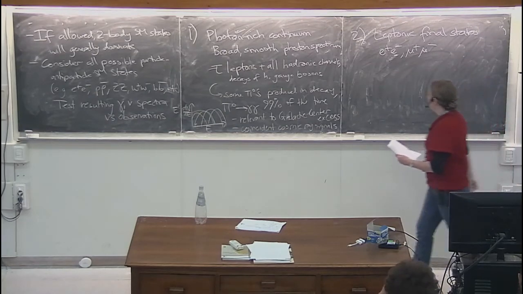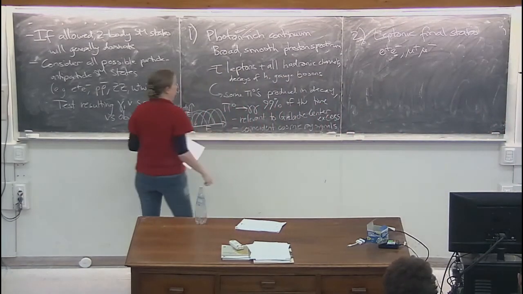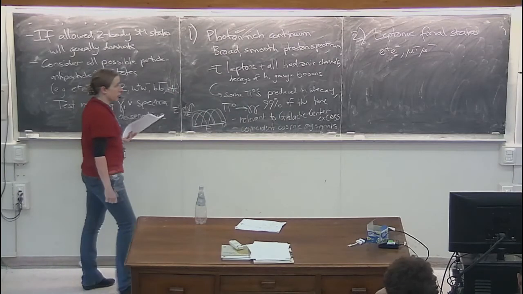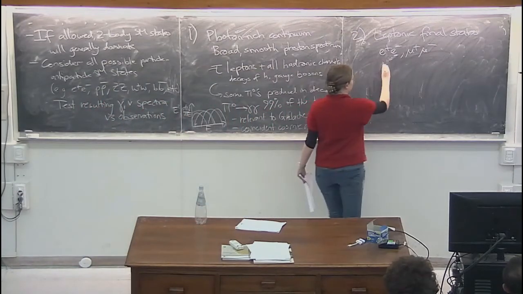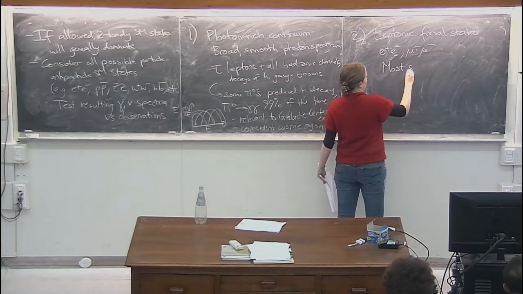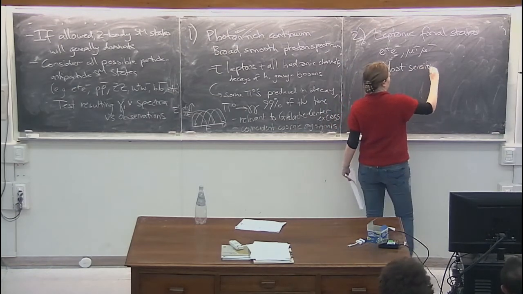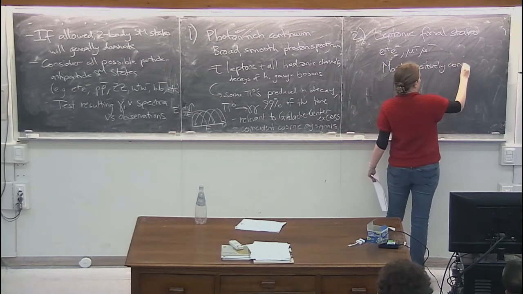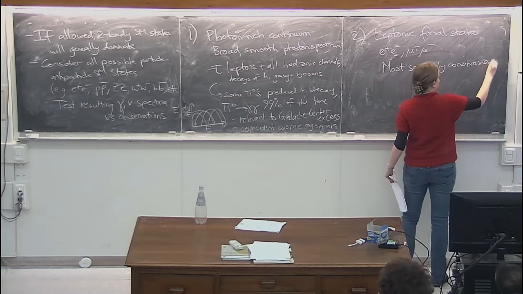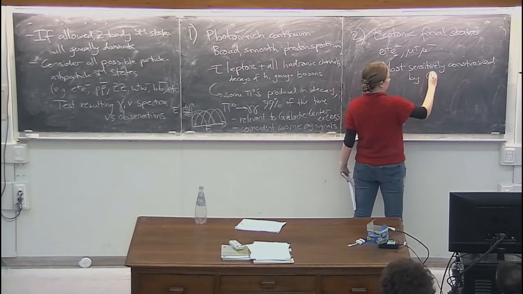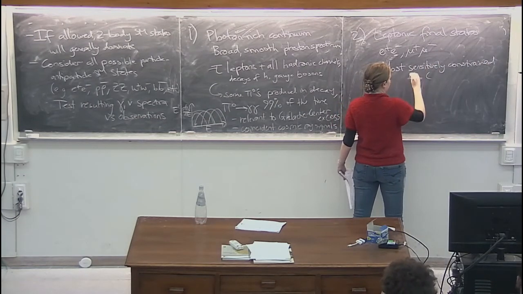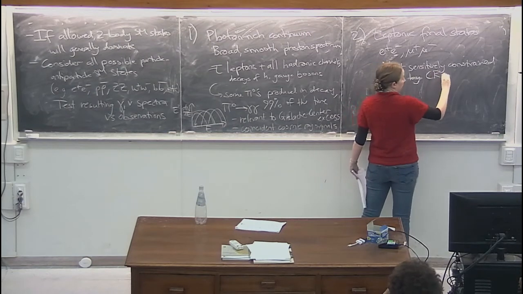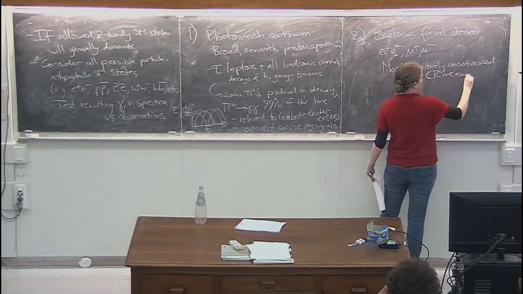Now, here, these tend to be much harder to find by photon-based direct detection. They're most sensitively constrained by the cosmic ray searches that I skimmed over before. In photon searches, they could show up in two ways.